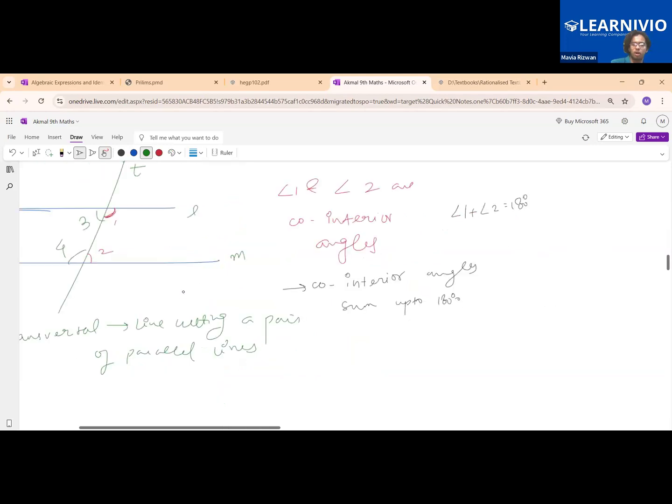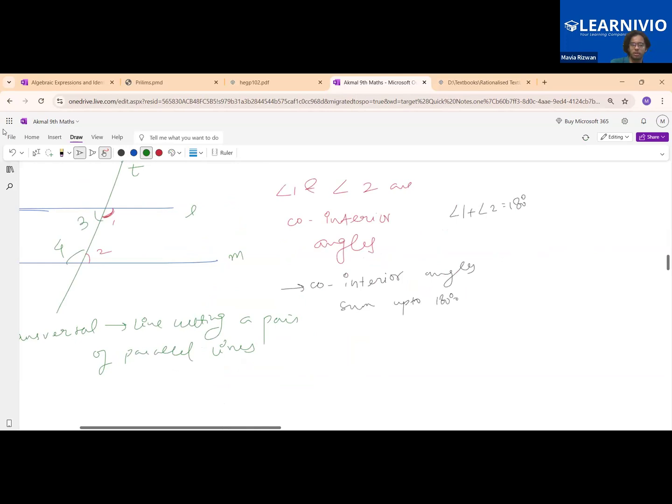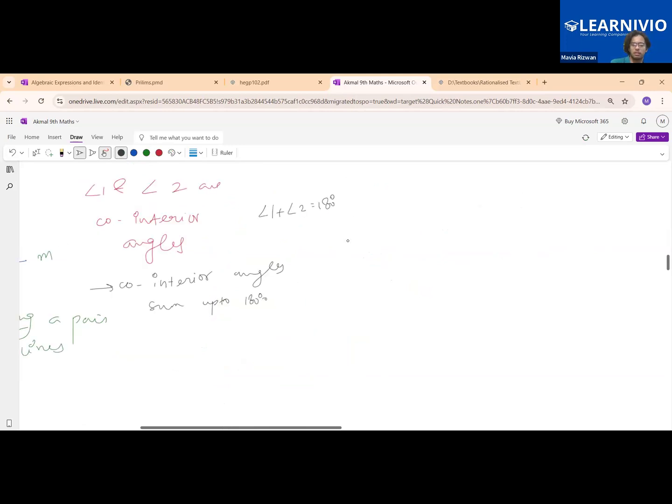Angle 3 and angle 4 are also co-interior angles. So they also sum to 180 degrees. Angle 3 plus angle 4 equals 180 degrees. Akmal, write this down.